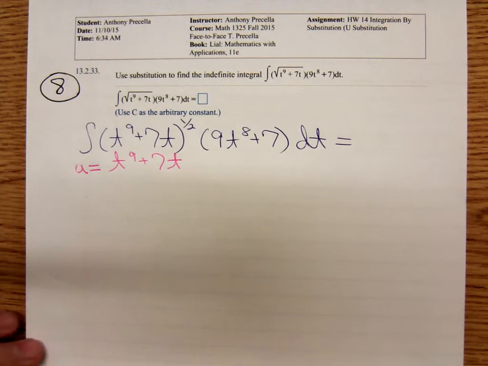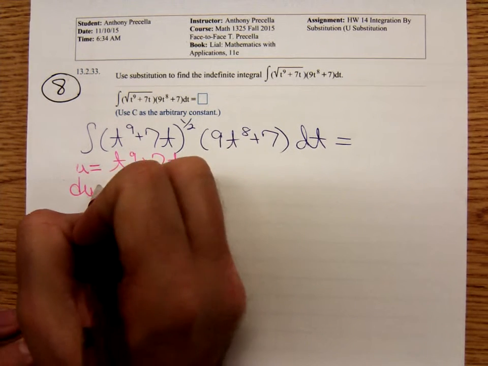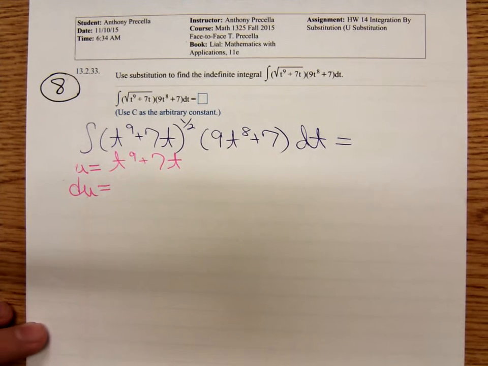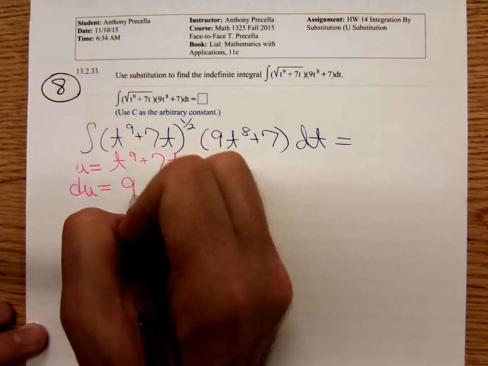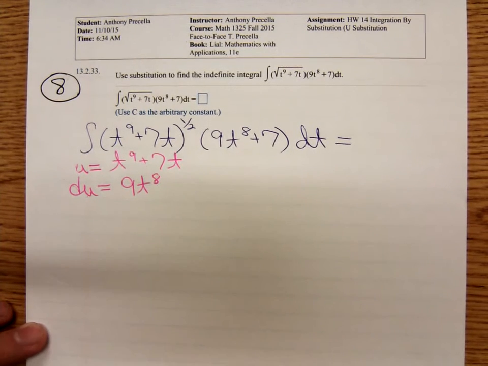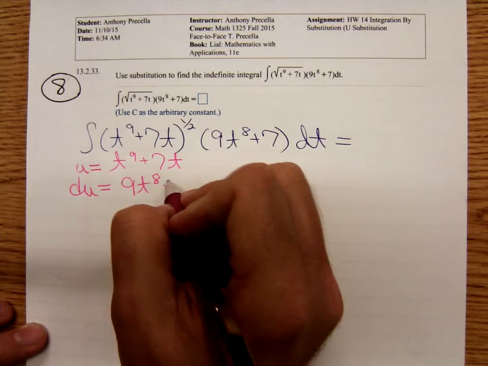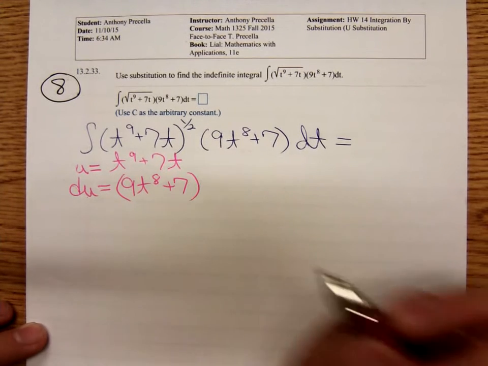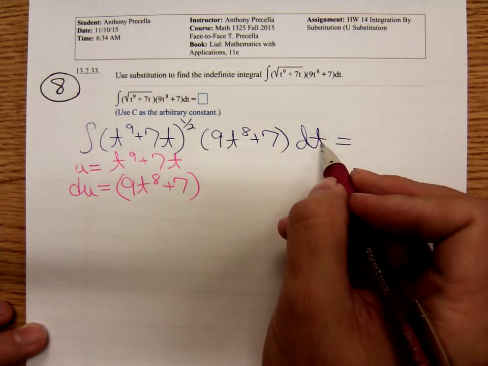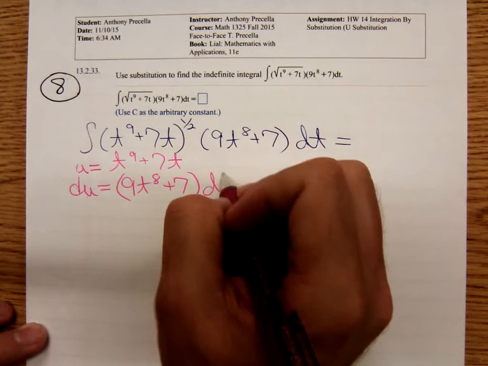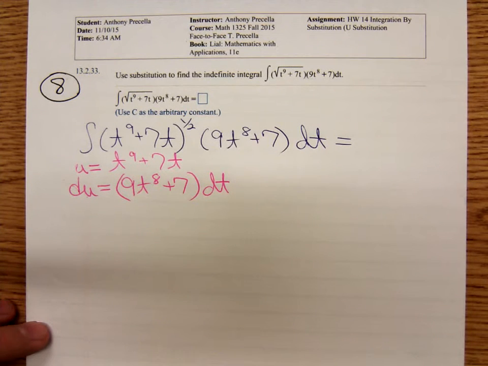and then du, what's du? 9t to the 8th, anything else? Plus 7 times dt, okay. Times dt. Oh wow, this was an easy one to start off with. It falls out very nicely at this point.